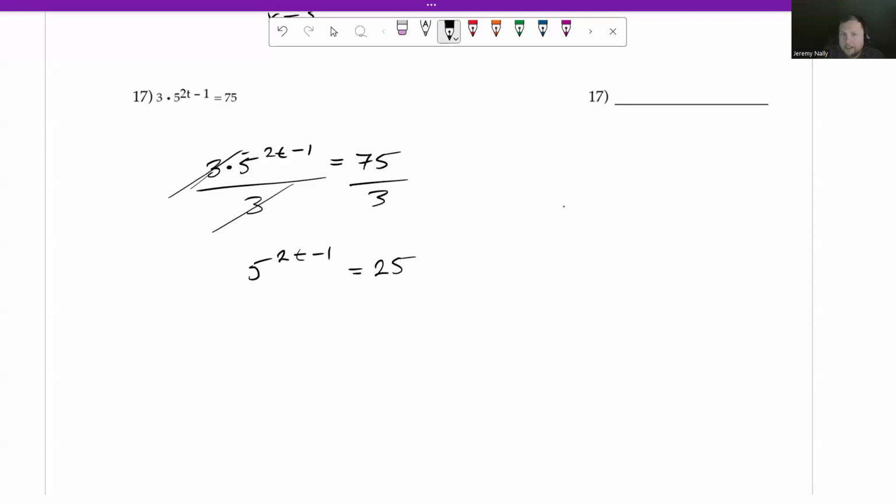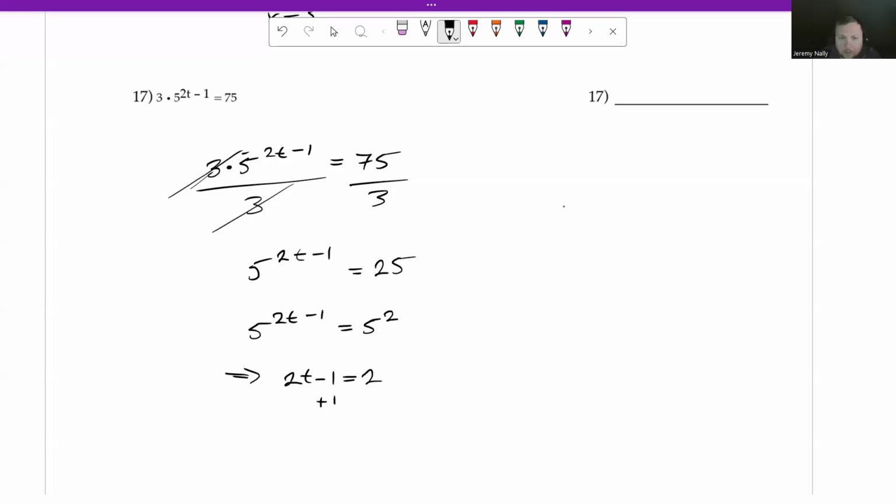And I don't necessarily have to resort to using logarithms to solve this because I notice that 25 is 5 squared. So now I have 5 to the 2t minus 1 is equal to 5 to the 2. So I can just set the exponents equal to each other and solve the resulting equation.